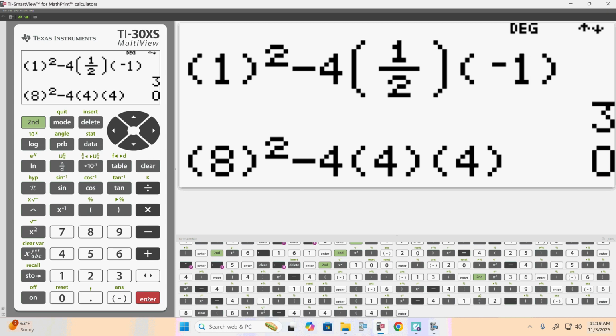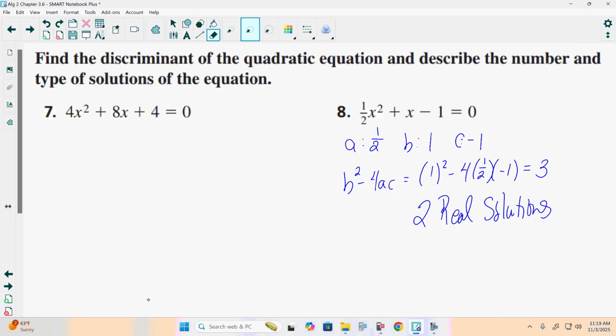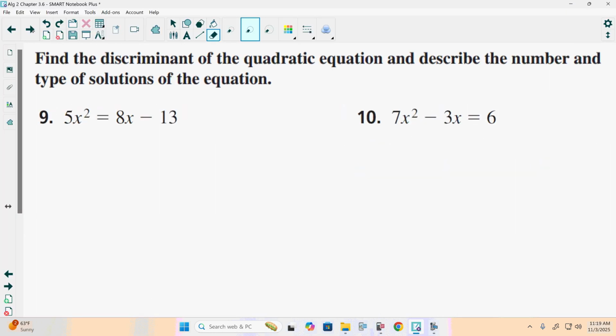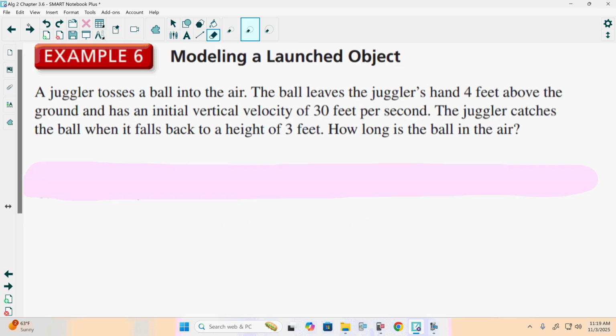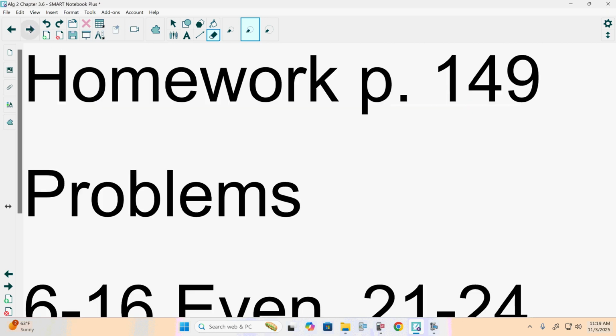Oh, it is 0, because 4 times 4 is 16, and 16 times 4 is 64. So 0, one unique or one real solution. Do you feel comfortable with these? Because even with these, all we have to do is get the equation equal to 0, plug the values of a, b, and c into the discriminant, and simplify.